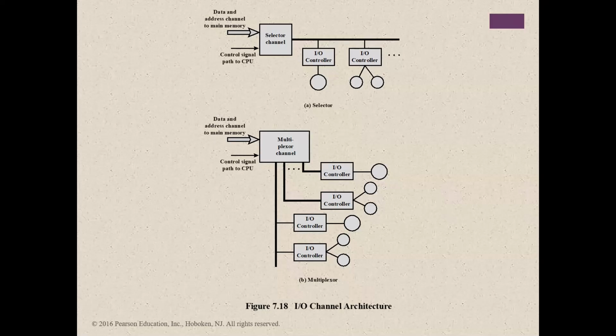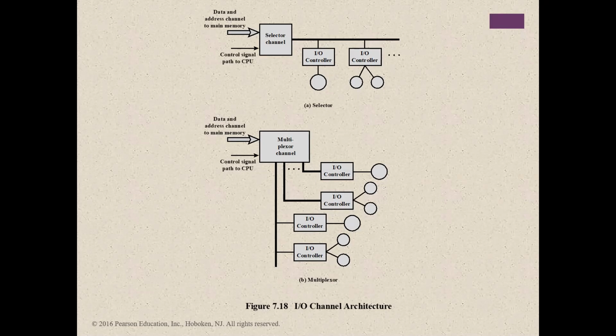The program will specify the device or devices, the area or areas of memory for storage, the priority, and also the actions that ought to be taken for certain error conditions. The I/O channel follows these instructions and controls the data transfer. Now, two types of I/O channels are in common use.